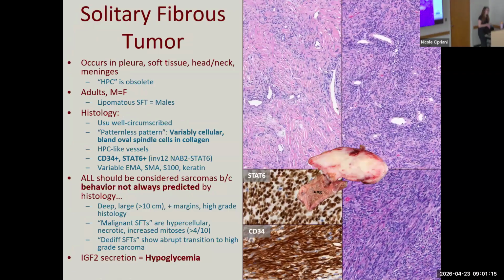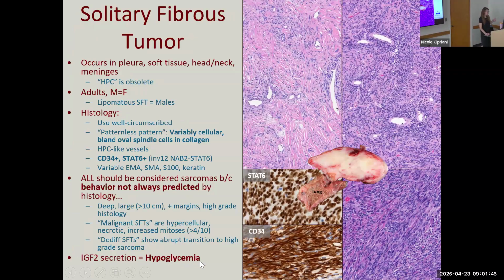Okay. SFT can be anywhere. This is what used to be called HPC, right? But now we know it as the STAT6 rearranged tumor that occurs off the pleura, that occurs in the deep soft tissue, that occurs in the head and neck and the sinuses, right? That occurs in the meninges. These are all STAT6 fused tumors, ranging from more collagenous to more cellular, to thin-walled dilated branching vessels, CD34, STAT6.